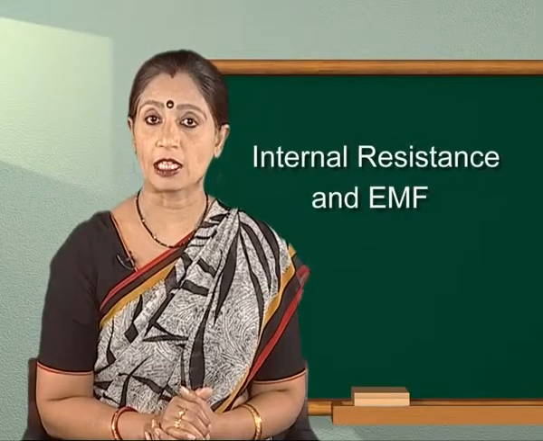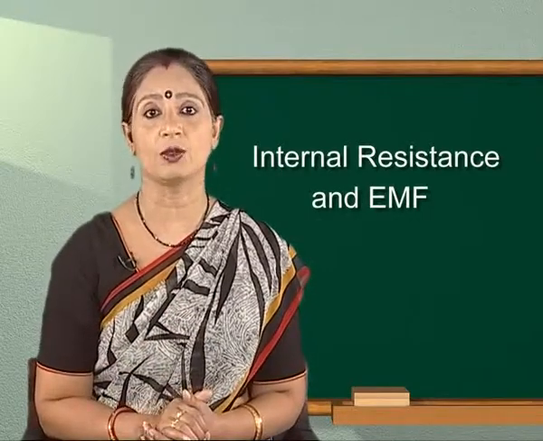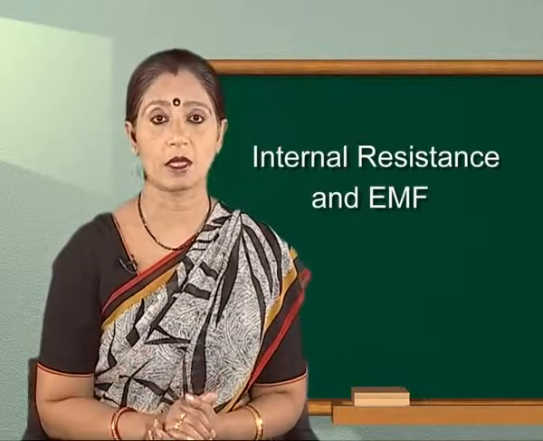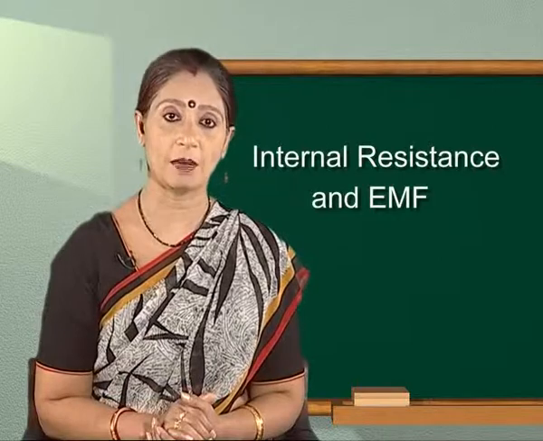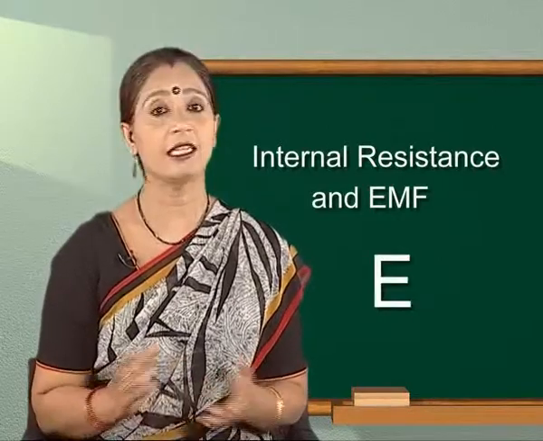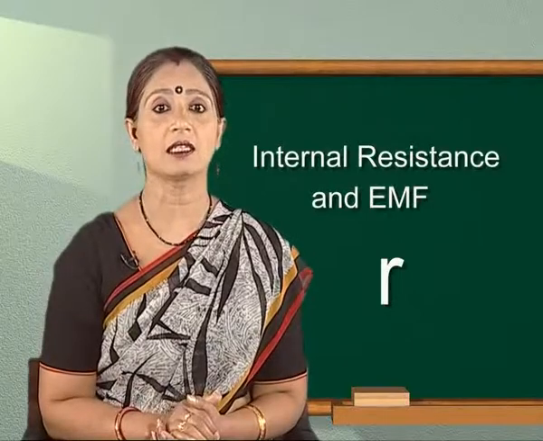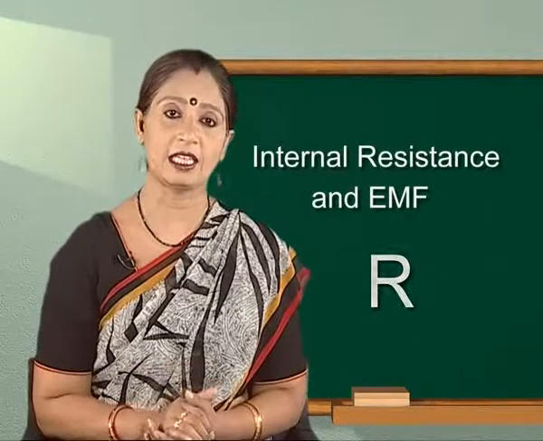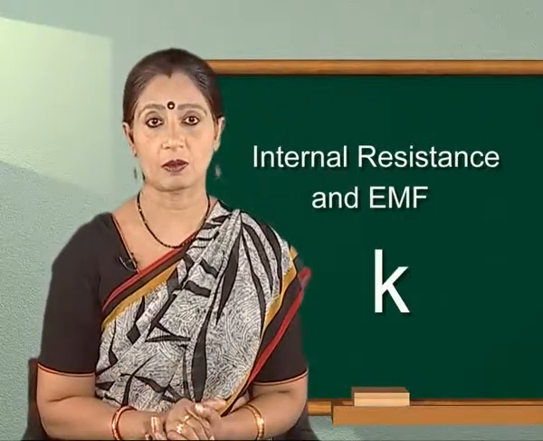It is important to be able to evaluate an exact value of the internal resistance of a cell mathematically. To do so, let us consider a cell of EMF capital E, an internal resistance small r, connected to an external resistor of resistance capital R and a one-way key K, as shown in these diagrams.